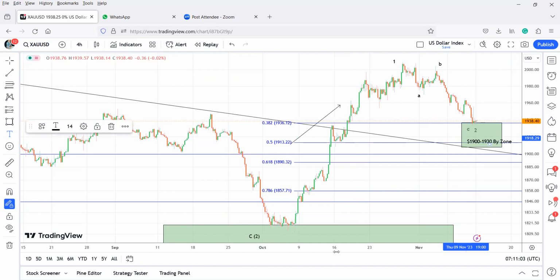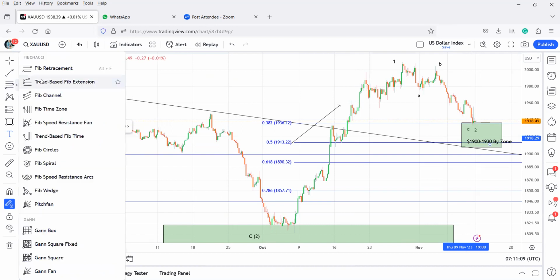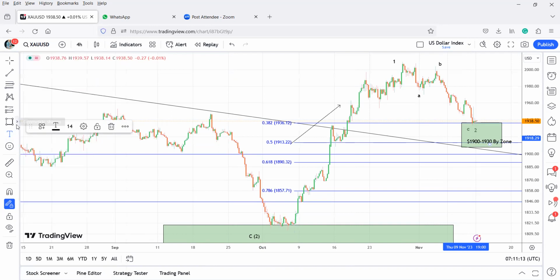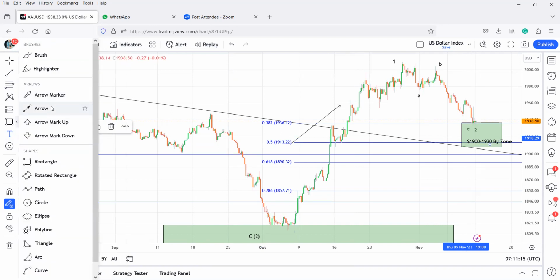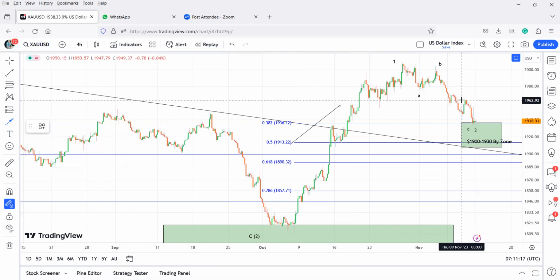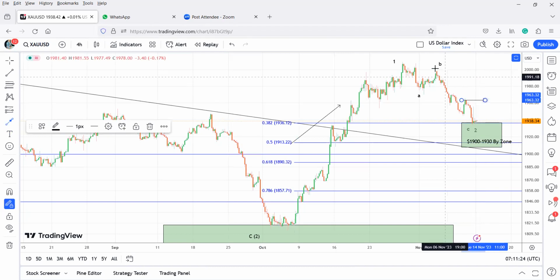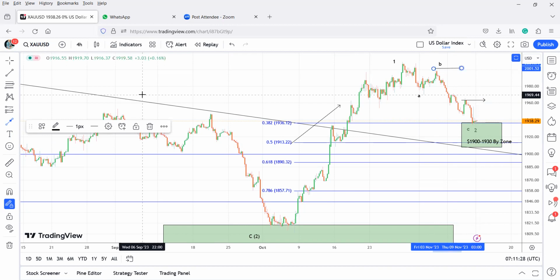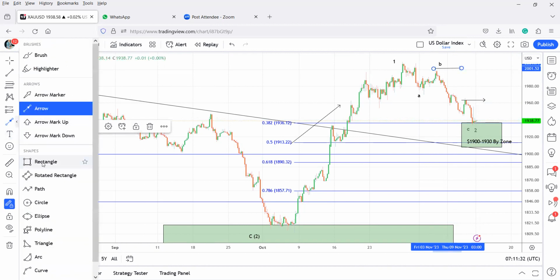And okay, initial resistance is seen around 1964, that is the Friday high, and above that is around 2000. So that is the first sell zone, 1945.50.